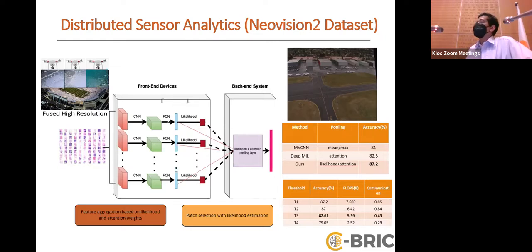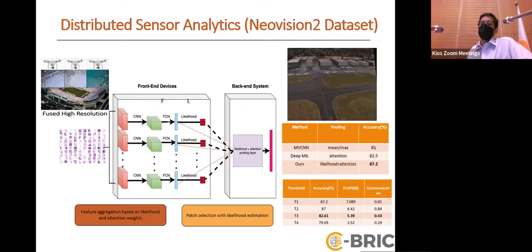And in this particular case, what we ended up trying to do is we started applying this likelihood to these different patches, and then use the attention scores from those patches to recognize the entire scene. And one distinct aspect that we ended up seeing here, compared to some of these hierarchical resolution techniques or other techniques, our technique was able to identify tiny objects in each one of these patches, as well as scenes that were correlated across these patches.